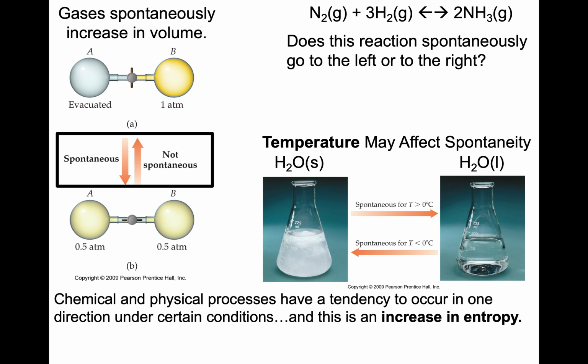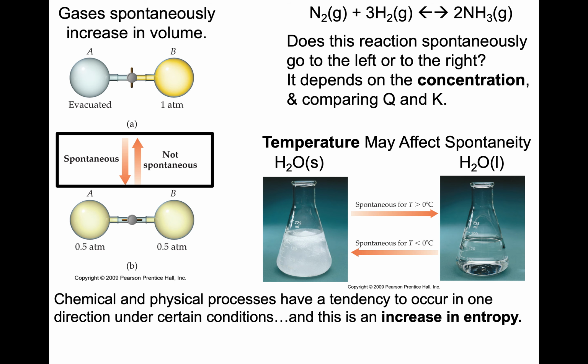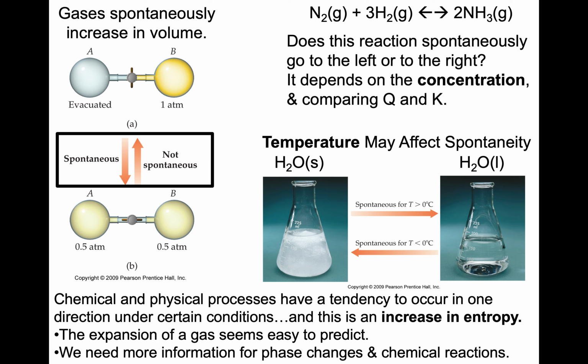How about this reaction? Does this reaction proceed to the left or does it proceed to the right? At this point, we've been looking at ideas of equilibrium already. And it's going to depend on the concentration. Depending on the concentration, it might go from the left to the right, or at a different concentration from the right to the left. So concentration can affect spontaneity too. This idea of the expansion of a gas seems easy to predict.